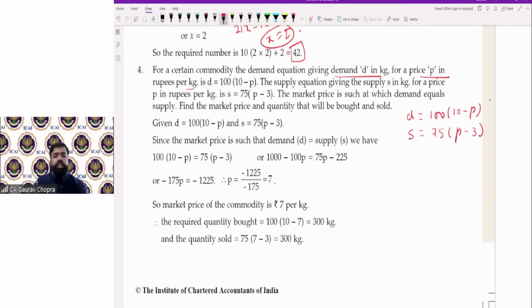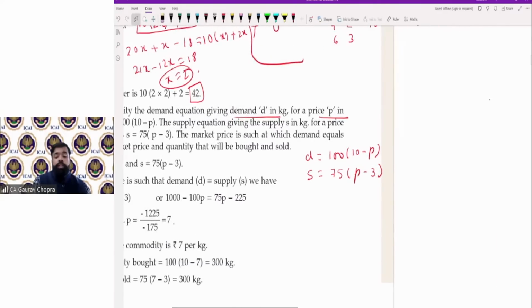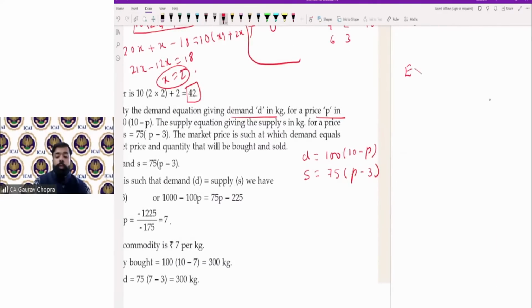So one is the demand equation, other is supply equation. So you might have done this in economics till now, demand and supply equations. The market price is such that at which demand is equal to supply. Now, if you study economics, equilibrium in economics, this topic will come in your market chapter.